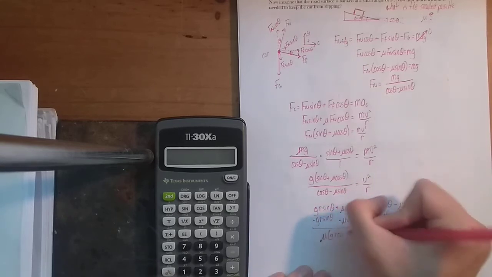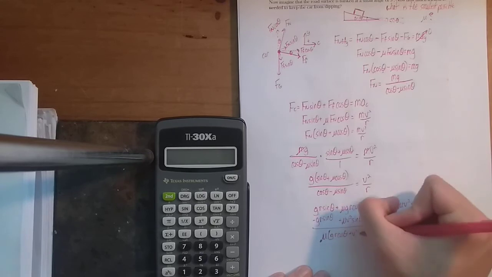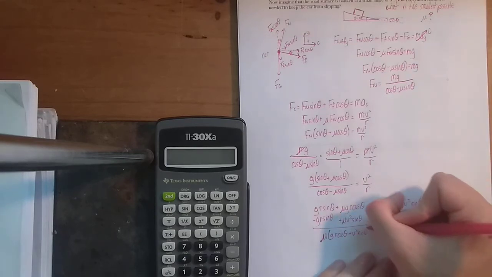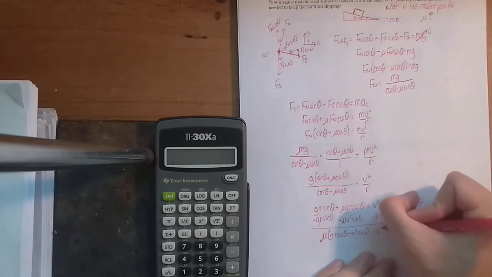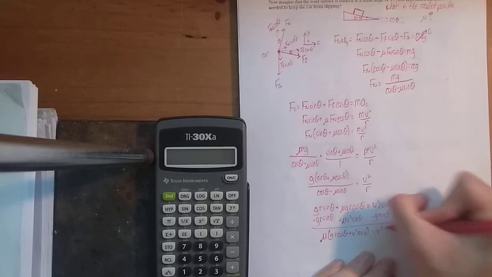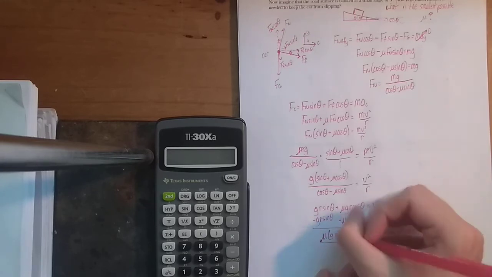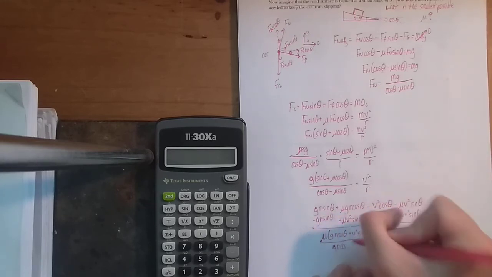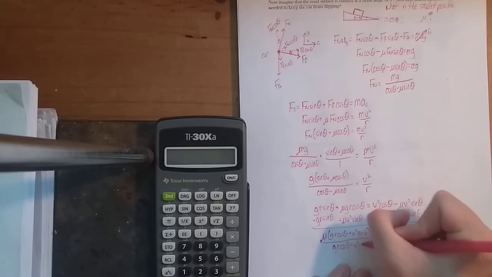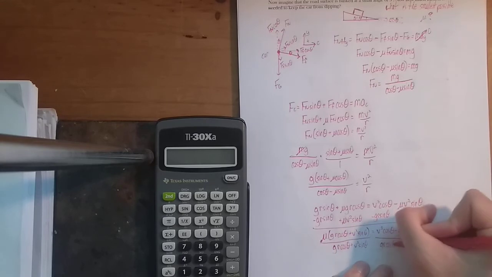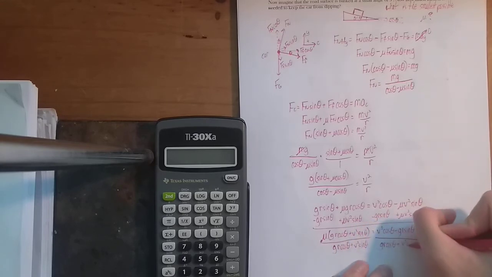gr cosine theta plus v squared sine theta equals, let's see, v squared cosine theta minus gr sine theta. Divide this to the other side: gr cos theta plus v squared sine theta.